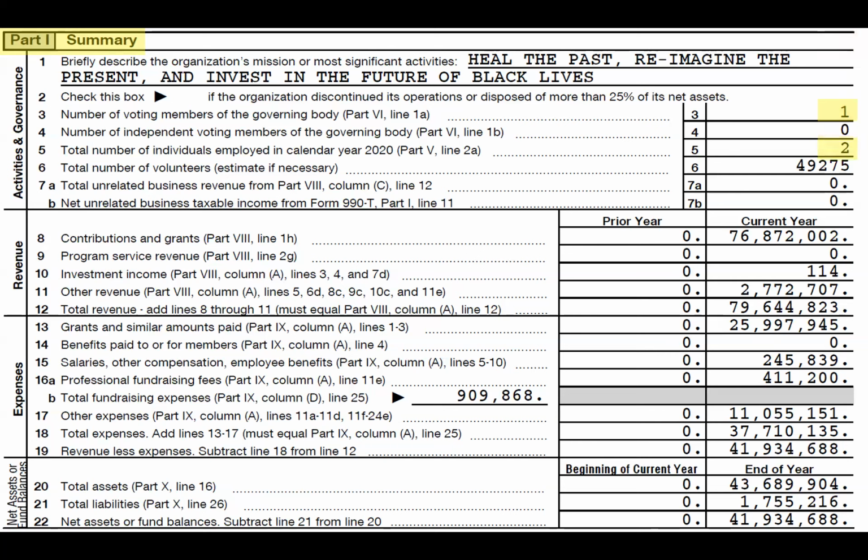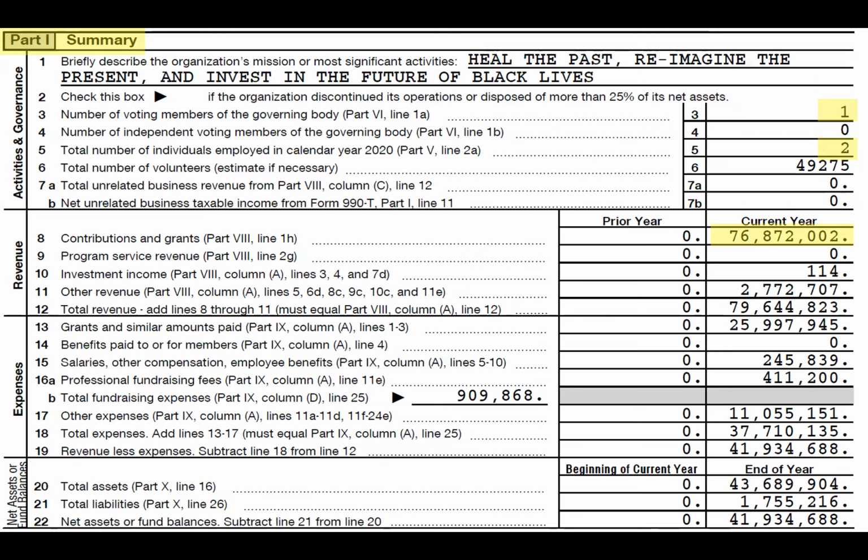The second red flag is for line number 5, total number of individuals employed in the calendar year 2020: 2 people, 2 employees to manage $90 million and everything that goes along with that. That's a red flag for me. The next red flag corresponds to line number 8 in the revenue section, contributions and grants, $76,872,002.